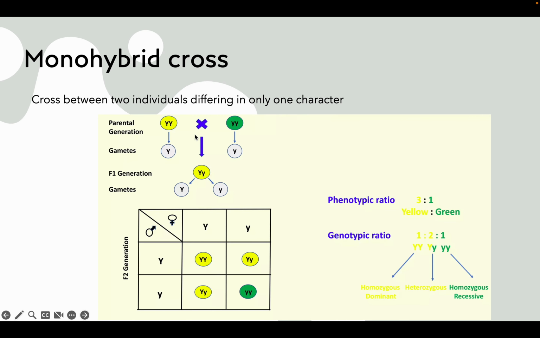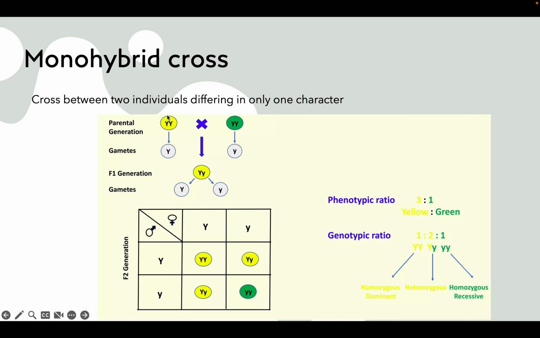Here you can see we are talking about the color, which is yellow or green. In this case we have the dominant one. In my previous video I talked about what is dominant and recessive, and what is homozygous and heterozygous. Just in brief, dominant is when one allele overrides, or masks, the expression of the other one.